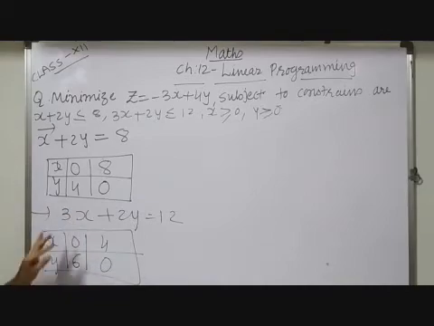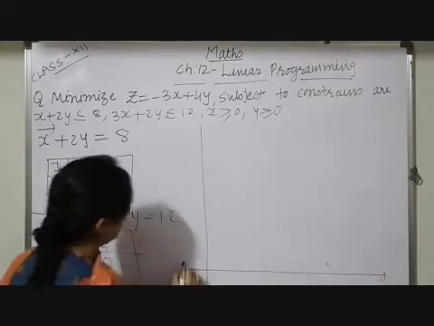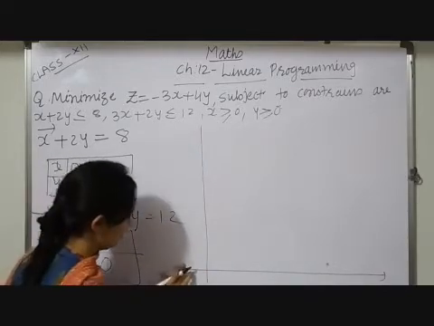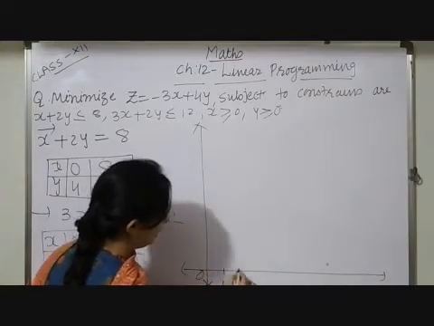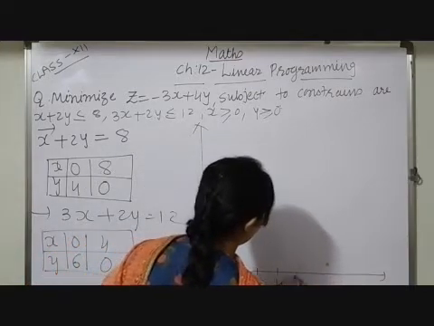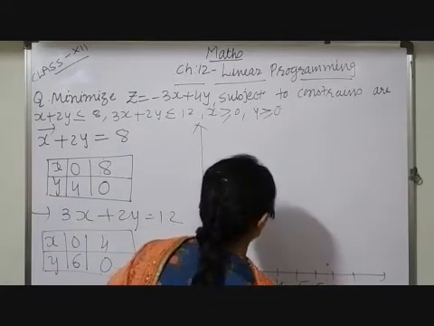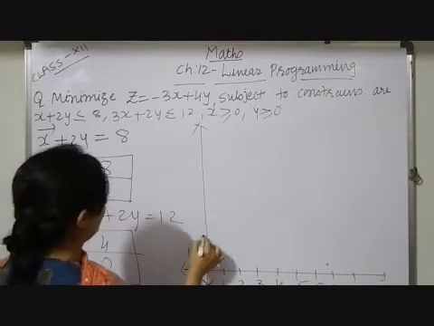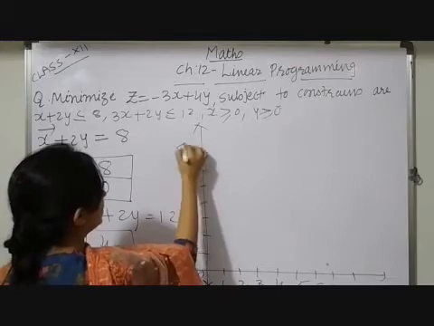Now what I will do is place both on a graph, and since x and y are both greater than or equal to 0, they lie in the first quadrant. So here 0, 1, 2, 3, 4, 5, 6, 7, 8, and from here also 1 to 8.